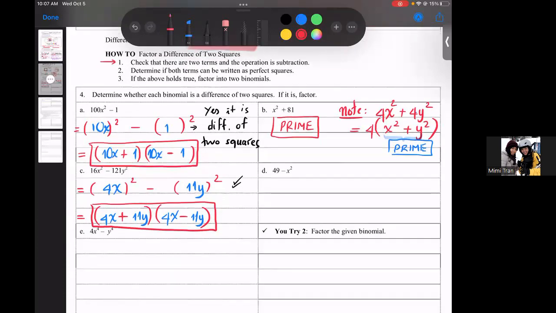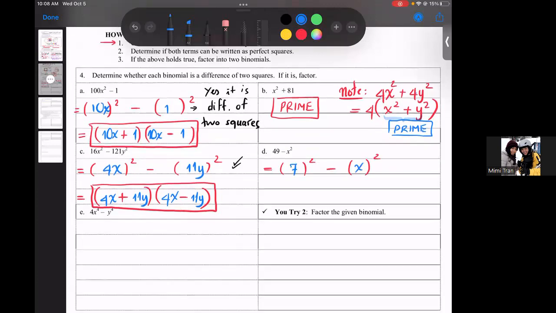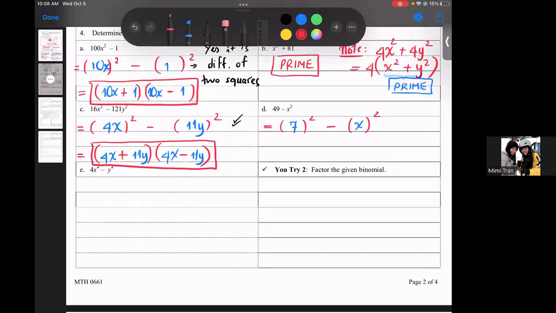D, is it a difference of two squares? Well, step 1 is satisfied, right? It's two terms and the operation is minus. 49, I can rewrite it as 7 squared, and then x squared is x here. So yes, it is a difference of two squares. Plus and minus.